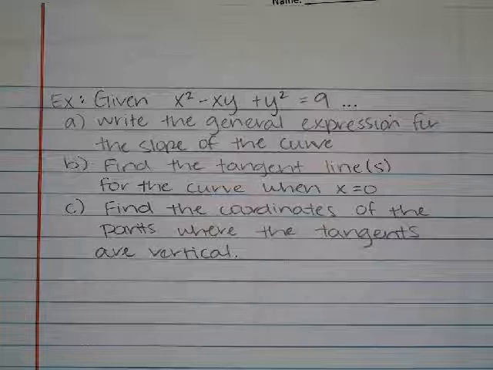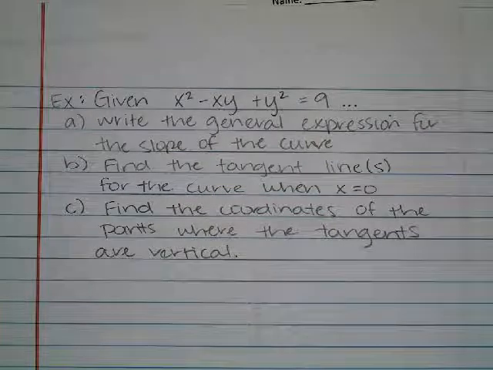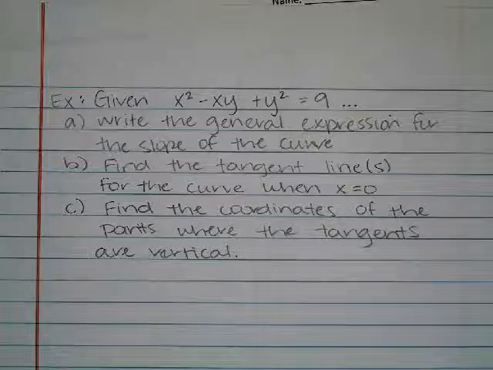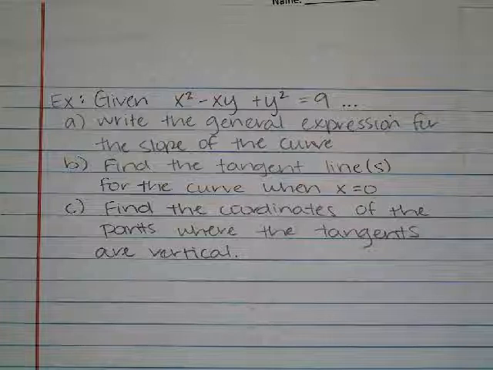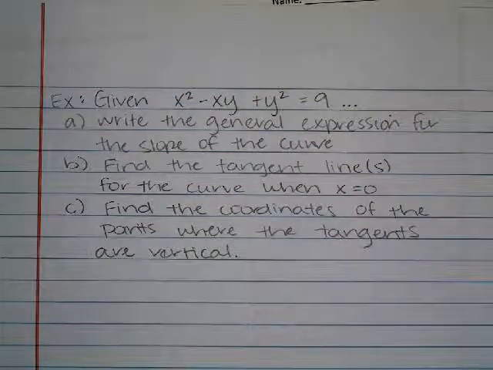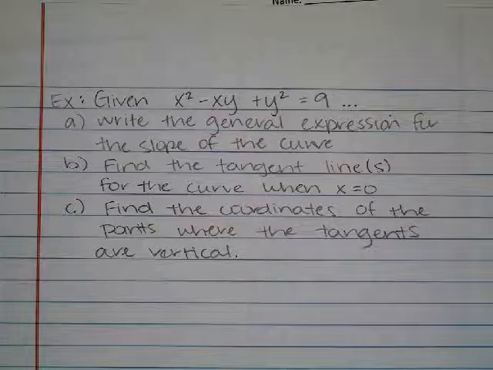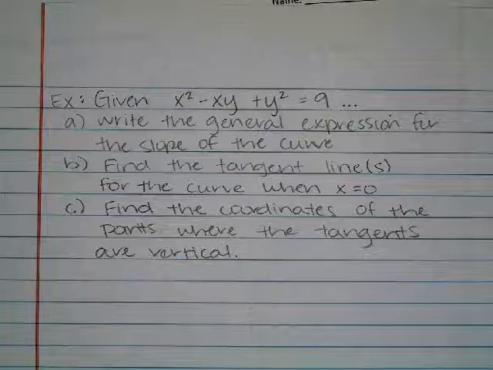So 3 FRQs were also on the AB exam, and 3 FRQs only you got on the BC exam, while AB-only students get 6 FRQs on their exam.